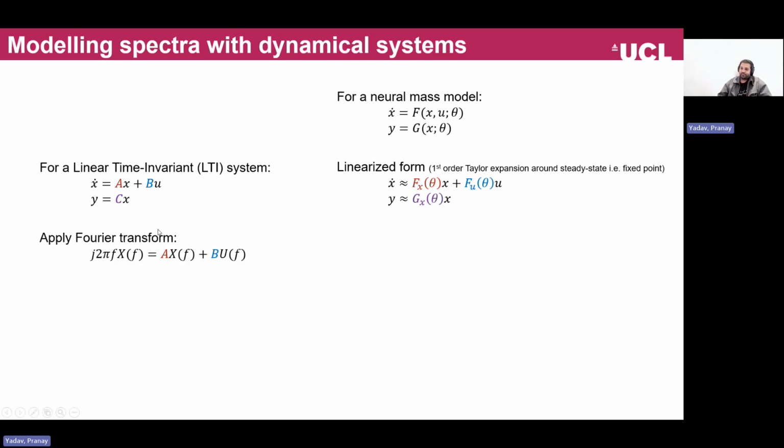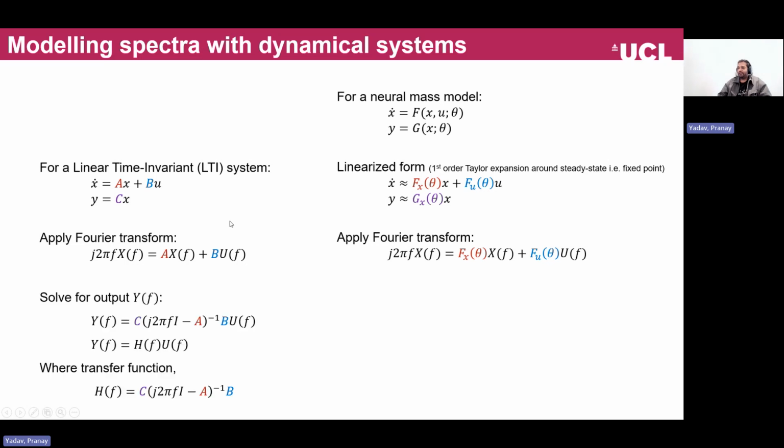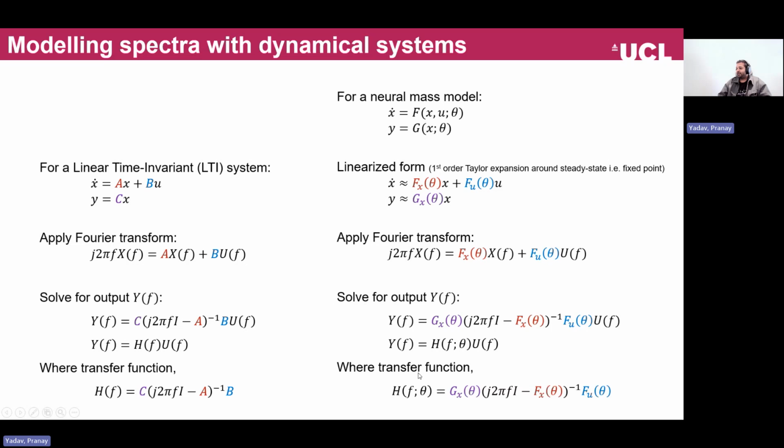We first apply a Fourier transform. Then we solve for the output y by rearranging terms and doing algebra. And we arrive at this form again, where now the output spectra y is a function of the transfer function and the input. The transfer function itself is a function of just the parameters and not the states.